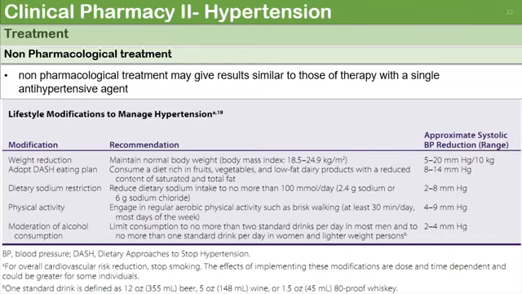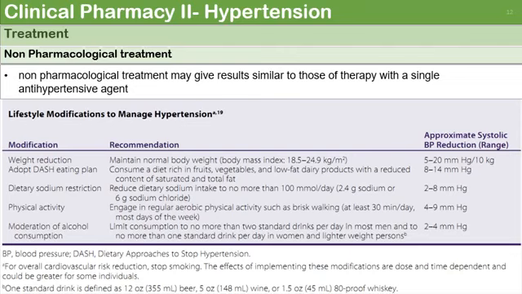This lifestyle modification, or non-pharmacological treatment, includes weight reduction, the DASH eating plan, a diet rich in fruit and vegetables, low-fat dairy products with reduced content of saturated or total fat, dietary sodium restriction, increased physical activity, and moderate alcohol consumption.